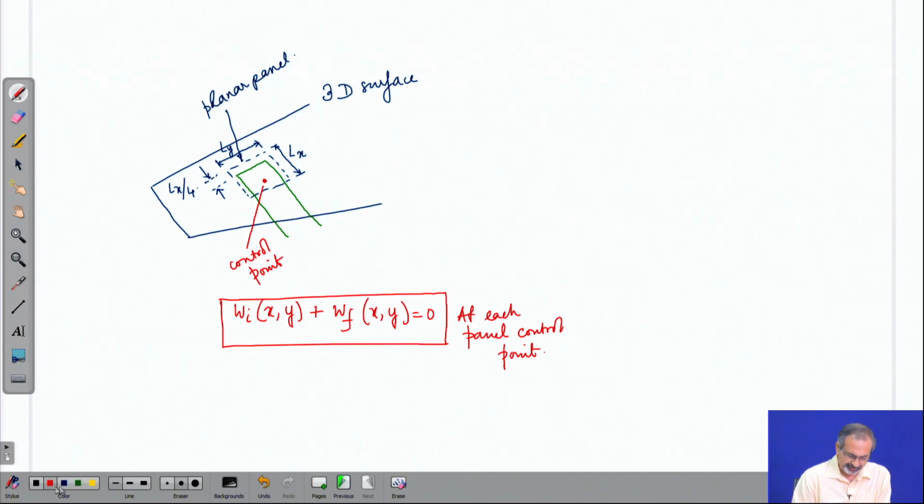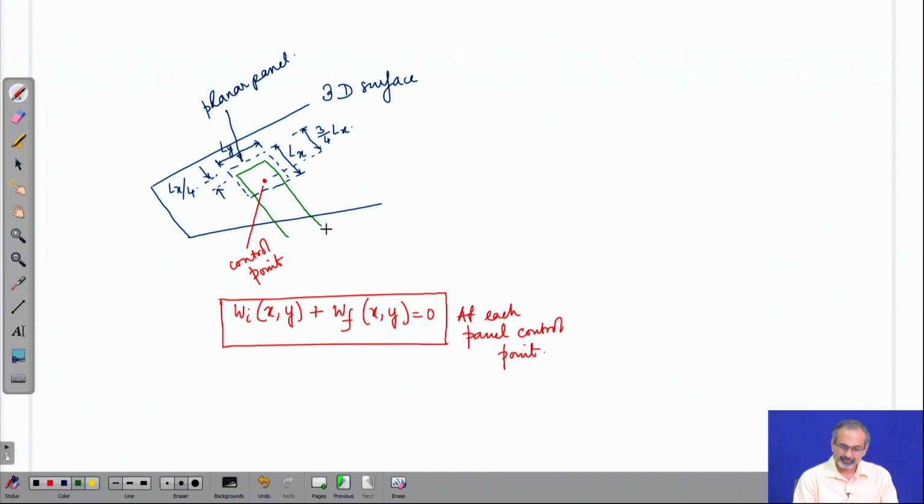So, as we said, this will be located at 3/4 Lx from the leading edge of the panel. This gives you one of the horseshoe vortices, and of course, this will have a certain strength which has to be worked out.